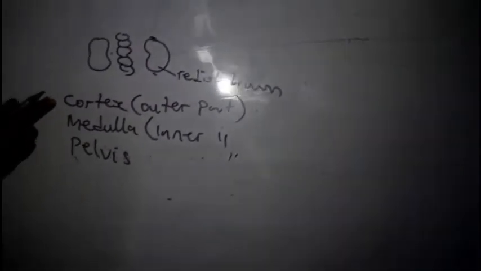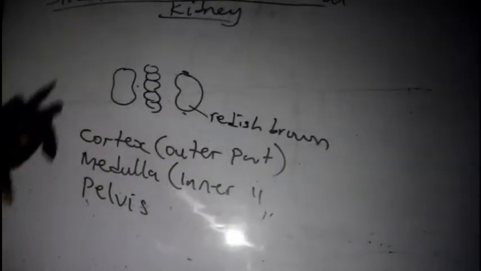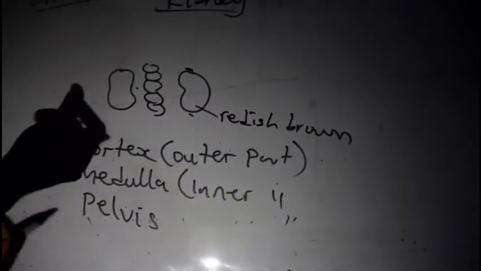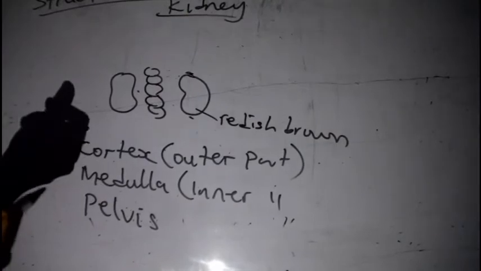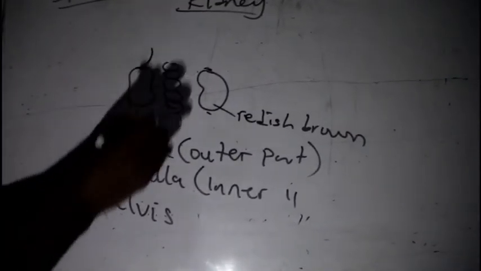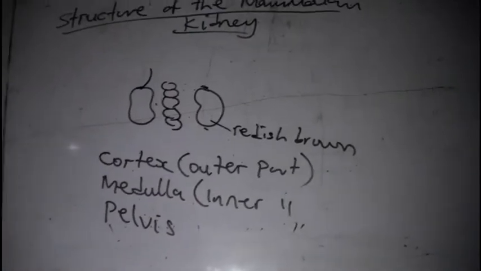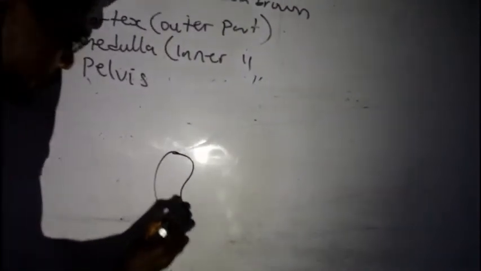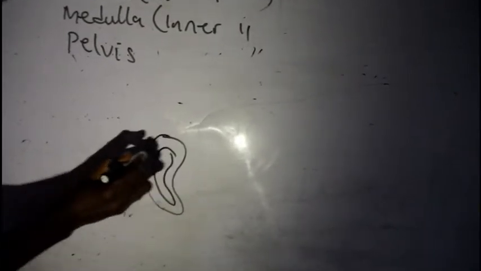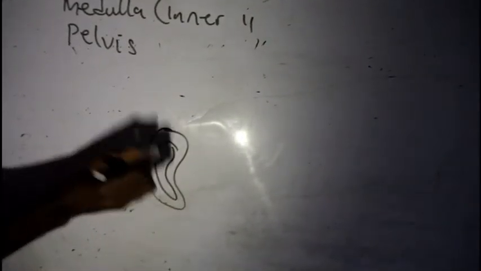Now, the cortex covers the entire kidney and makes it solidify because of the texture. And this cortex links the kidney through a tube. This outer part is the cortex. And we have the medulla.